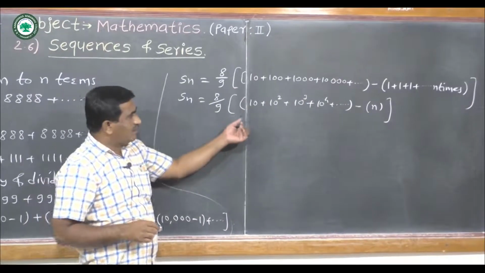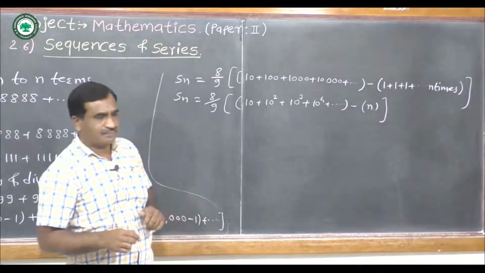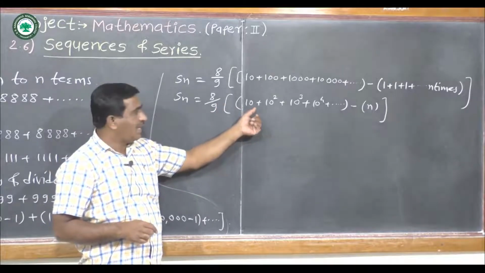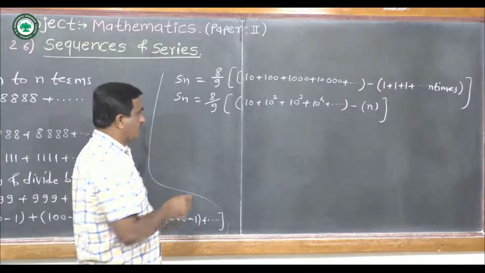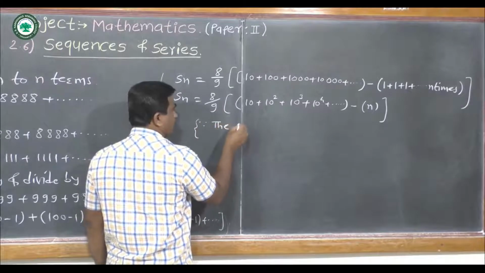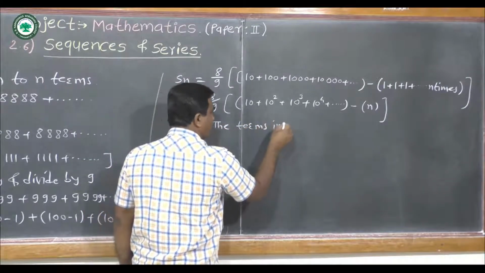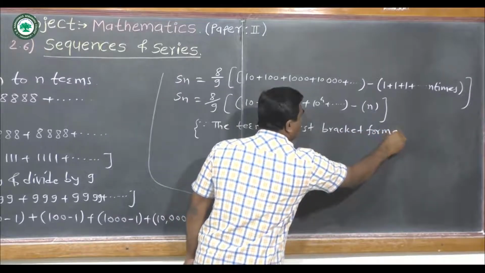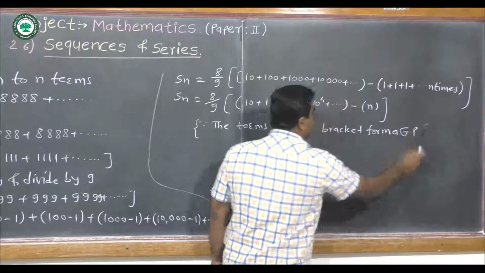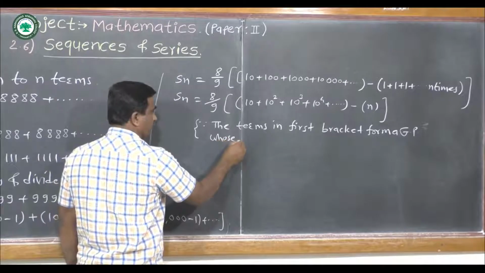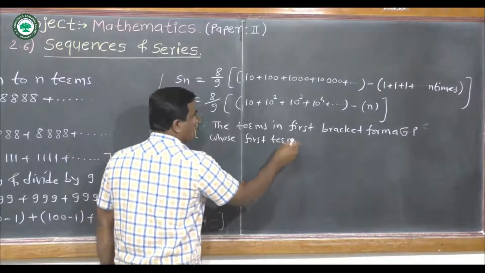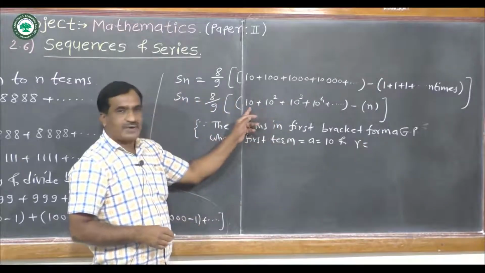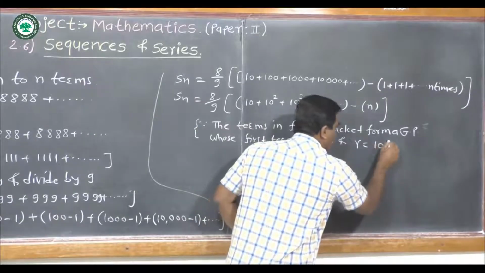Now these terms 10, 10 square, 10 cube, 10 raised to 4 in the first bracket form a geometric progression, whose first term A is equal to 10 and common ratio R is equal to 10 square upon 10, which is again 10.